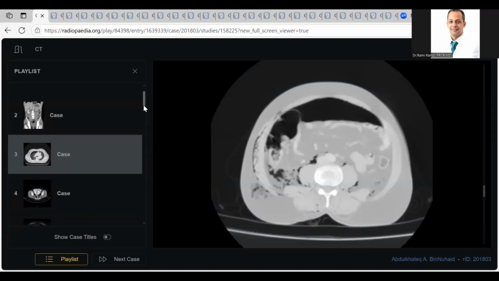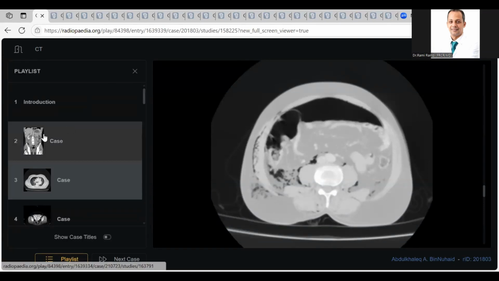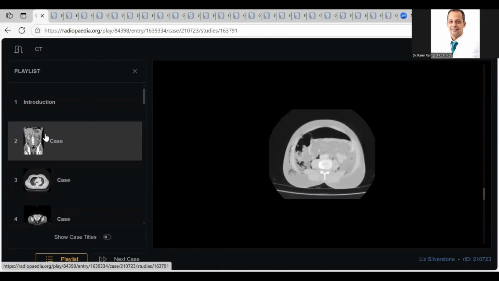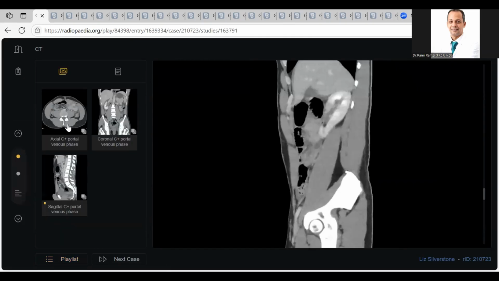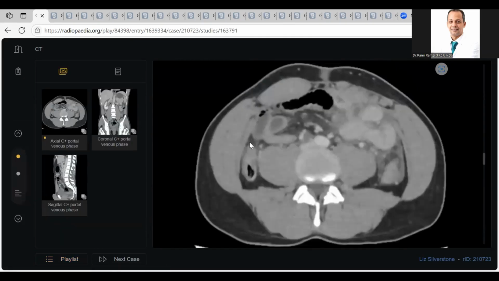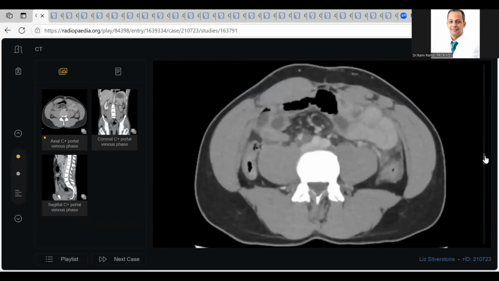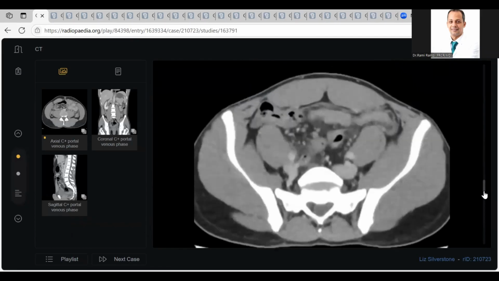My colleague, before I start with candidate 3, I want to comment on the first case because it was very difficult. This is a very big dilemma to pick up appendicitis in the appendix here.